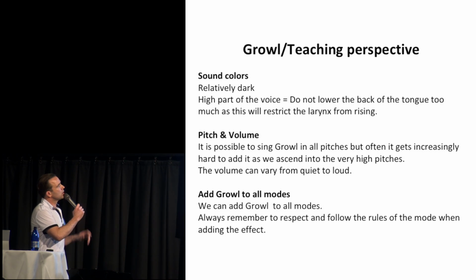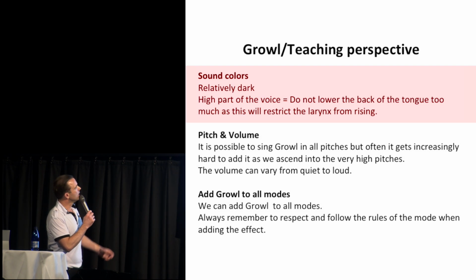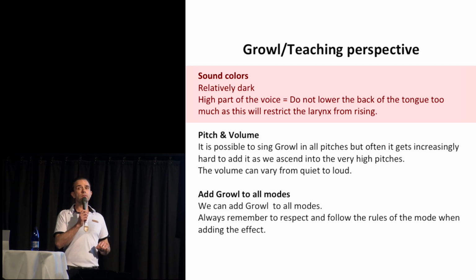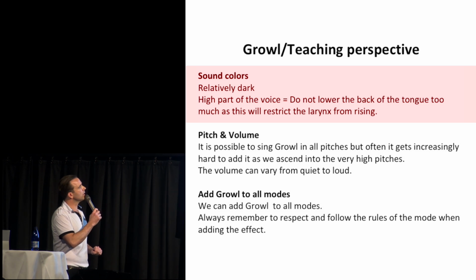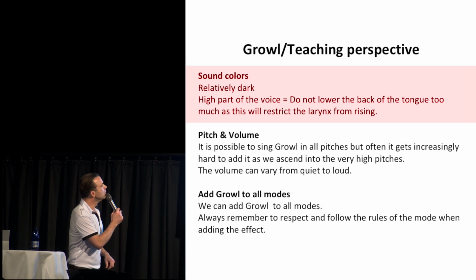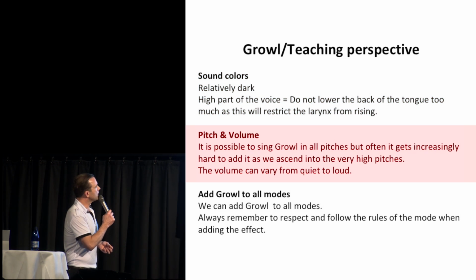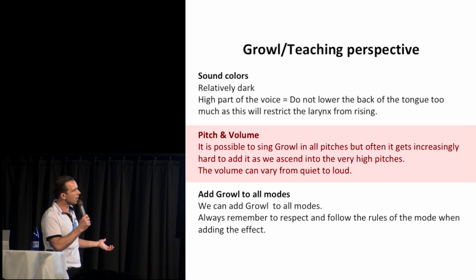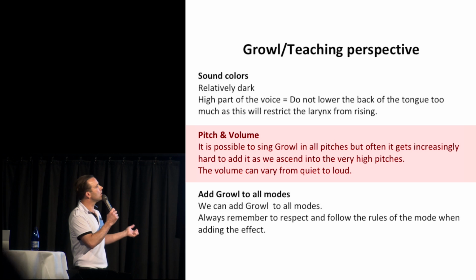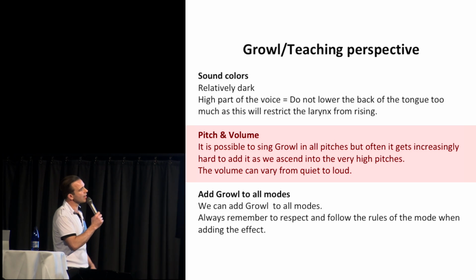Growl from a teaching perspective, well, as you might hear in the examples that I played, the sound color is relatively dark. So in the high part of the voice, it's important not to lower the back of the tongue too much, as this will restrict the larynx from rising. Pitch and volume: it is possible to sing growl in all pitches, but often at least I find that it gets increasingly hard to add as we ascend into the very high pitches, so sky high.